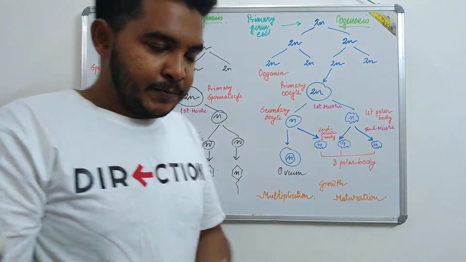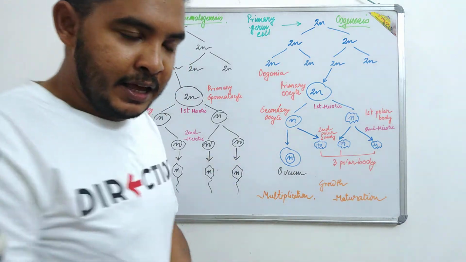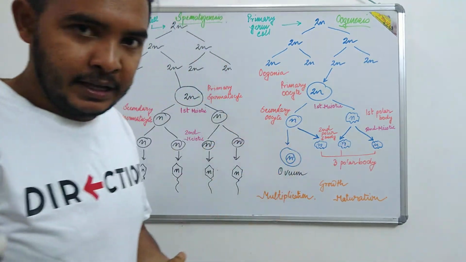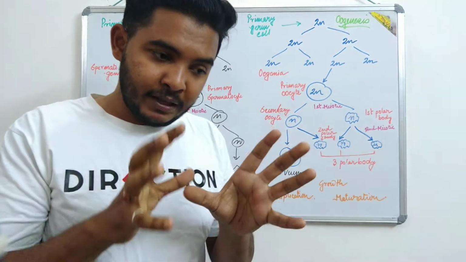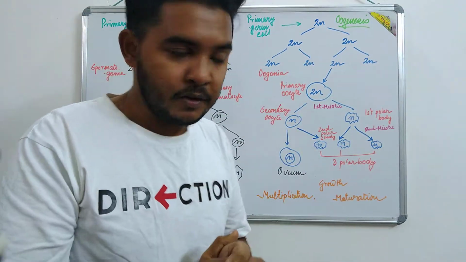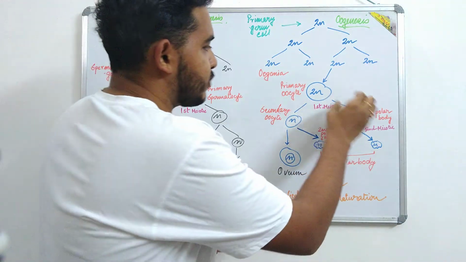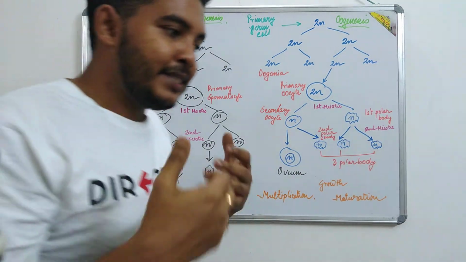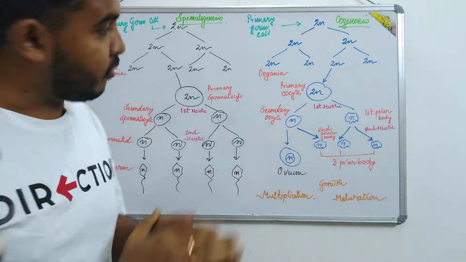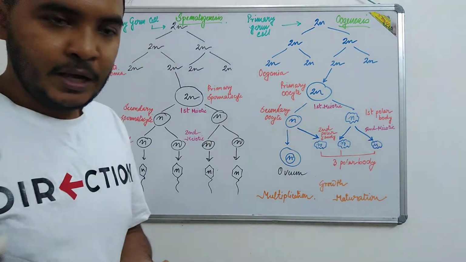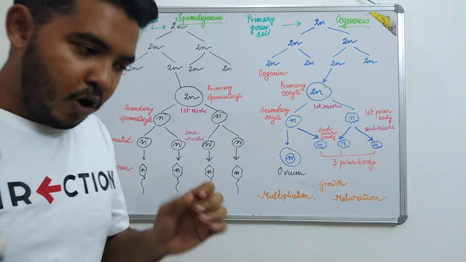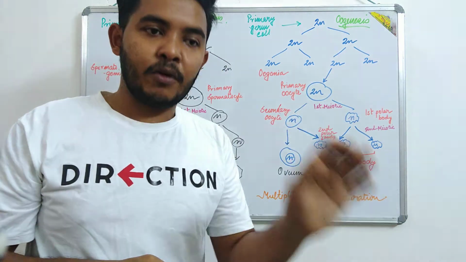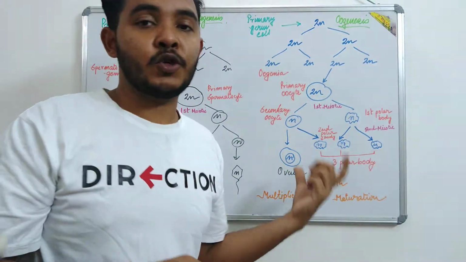So it is a race, and this female cell has to be very precise, in the best of its form. This polar body sacrifices itself for the well-being of the secondary oocyte that is going to be a mature ova. So in one month, it only forms one mature ova.